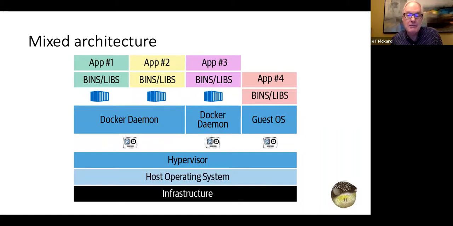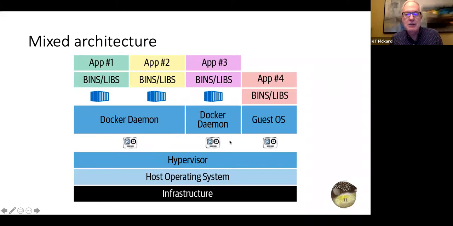So here we've put this whole concept together where we're using virtual machines along with Dockers. And again, let's just unpack this a little bit. We have now different applications running across from left to right. You'll see in the first virtual machine on the left, this is a Dockerized environment with two applications running in this virtual machine.